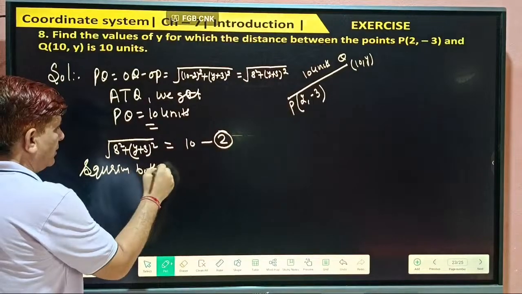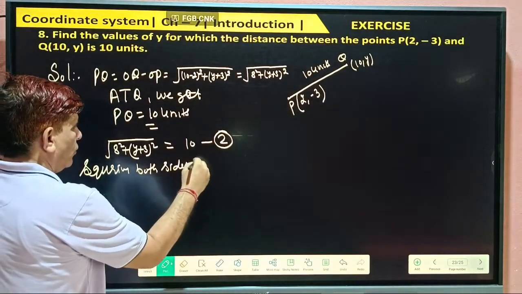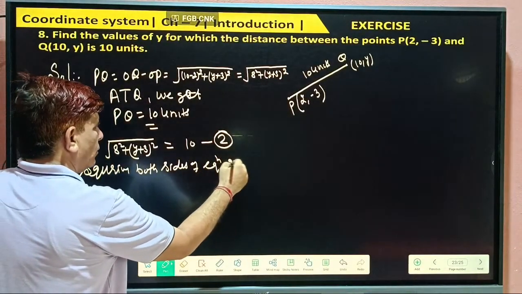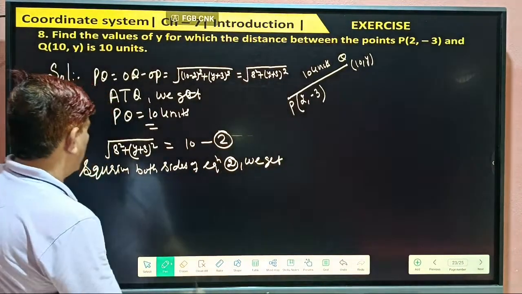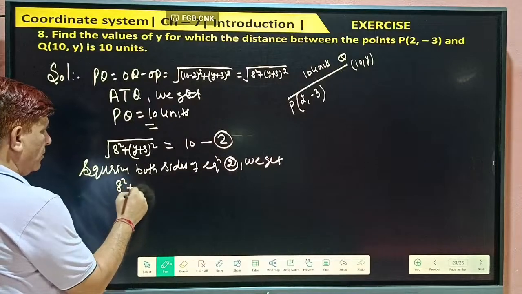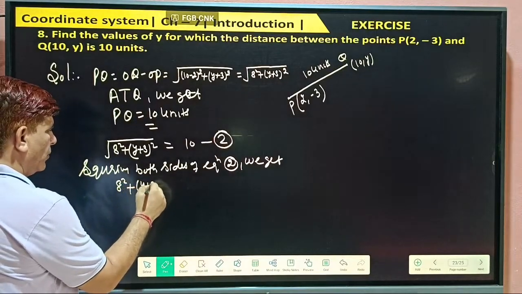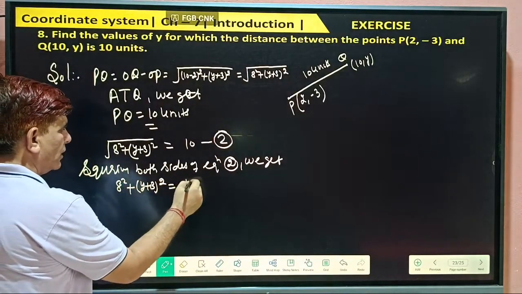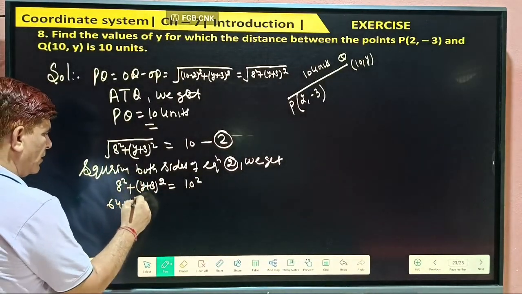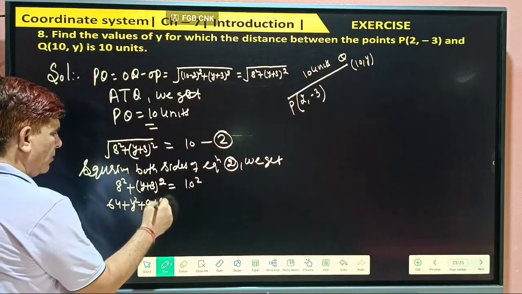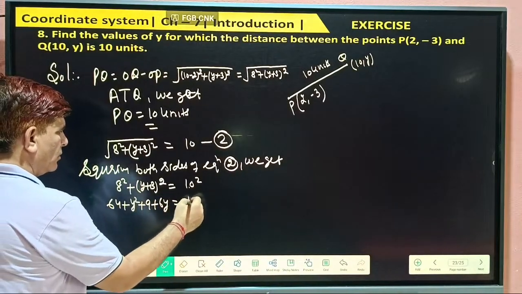Squaring both sides of equation 2, we get 8 square plus (y plus 3) whole square is equal to 10 square, so 64 plus y square plus 9 plus 6y is equal to 100.